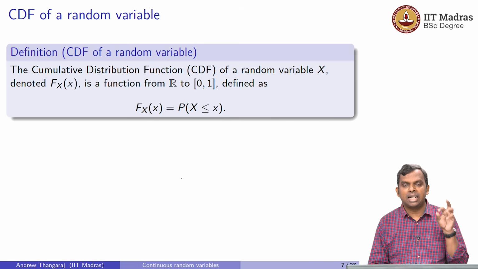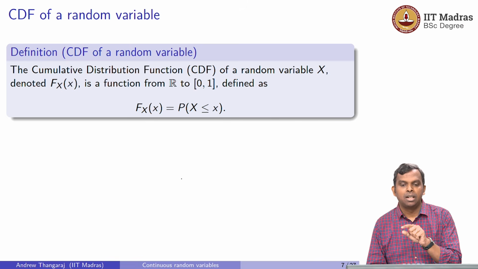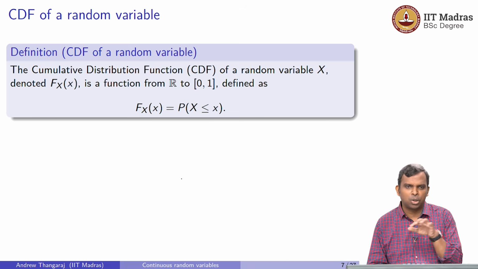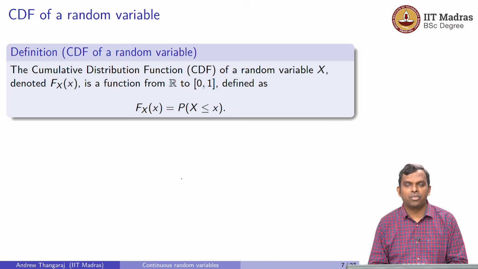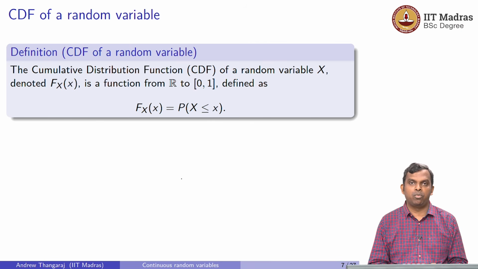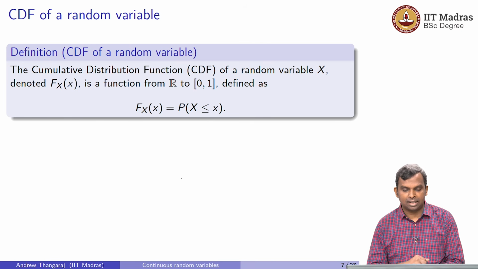It's always the probability that X equals small x. So now we have the slightly unusual situation of the probability of X being less than or equal to small x, but that should not worry us too much. We know how to count. So that's what we have to get used to first, and then we'll see how this nicely generalizes beyond discrete random variables also. So let's get started.